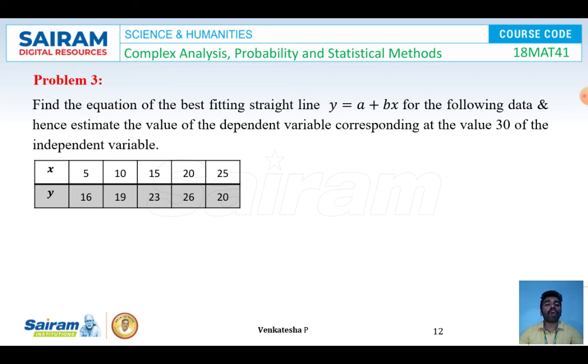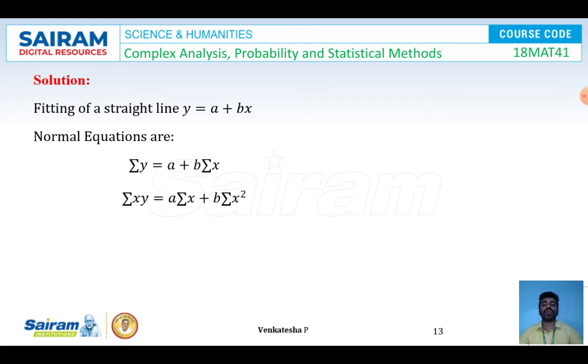So now make the normal equations for the given equation y is equal to a plus bx. Applying summation for this equation, we get summation y is equal to na plus b summation x. Multiplying x on both the sides, then applying summation, we get summation xy is equal to a summation x plus b summation x square. So now I'm going to calculate the value of summation y, summation x square, summation xy using a tabular column.